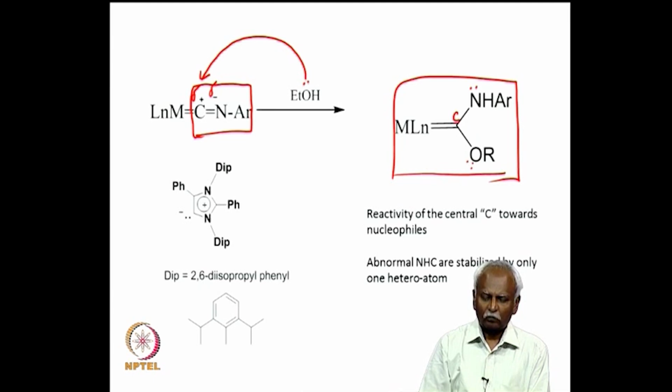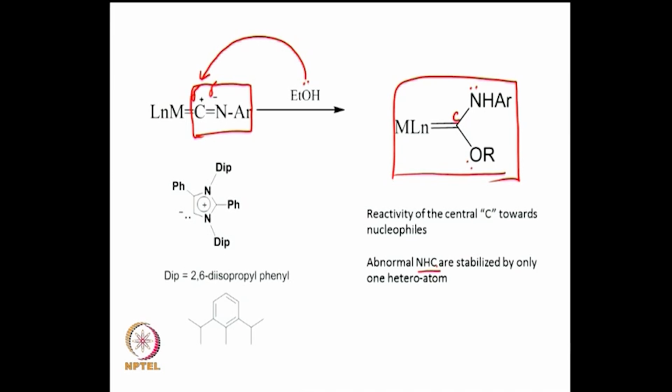So, what I want to emphasize is the fact that the abnormal N-heterocyclic carbene carbon is stabilized by only one heteroatom, only one nitrogen, and it was still forming a nice complex with the metal.